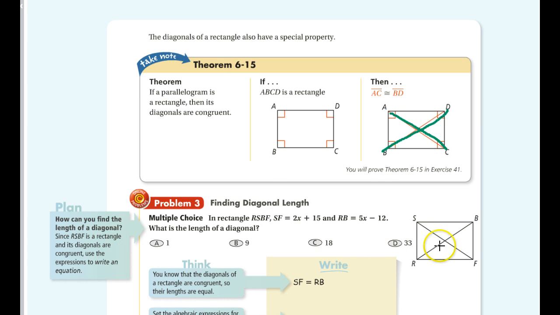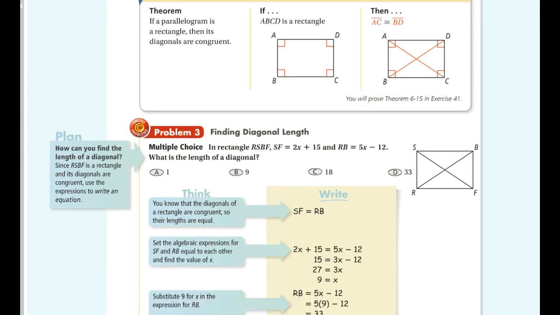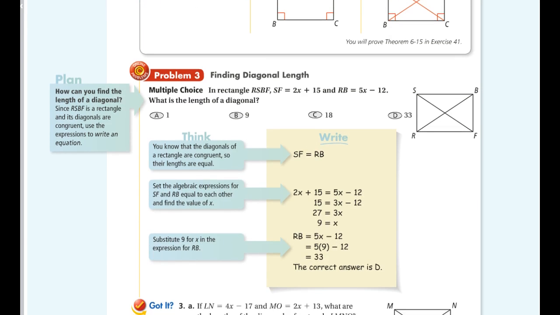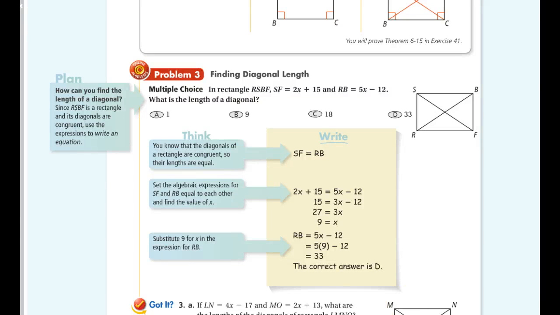So if we're working this kind of problem, and we know that, for example, SF is equal to this expression and RB is equal to this expression, we can set them equal to each other, solve for x, then substitute x back into the expressions, and we'll have the answer that 33 is the length of a diagonal.